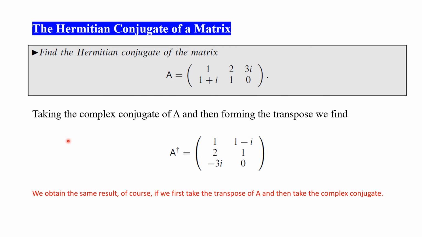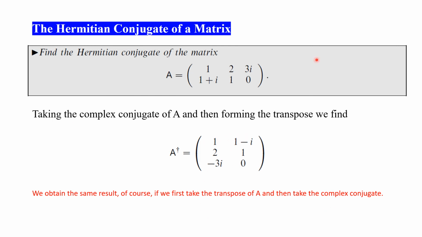That is, we now transpose the matrix where we got the complex conjugates. Taking the complex conjugate of A and then forming the transpose, we find that your A dagger is equal to this matrix here.